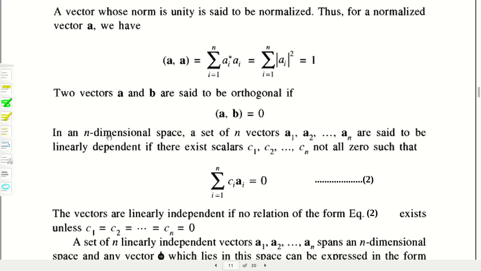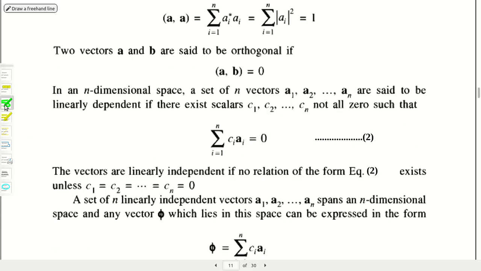And in n-dimensional vector space, a set of n vectors, that is a1 to an vectors, are said to be linearly dependent if there exist some scalars, not all 0, such that you can write this equation, that is the superposition of n vectors with different coefficients, c1 a1 plus c2 a2 plus c3 a3 dot dot dot is equal to 0.